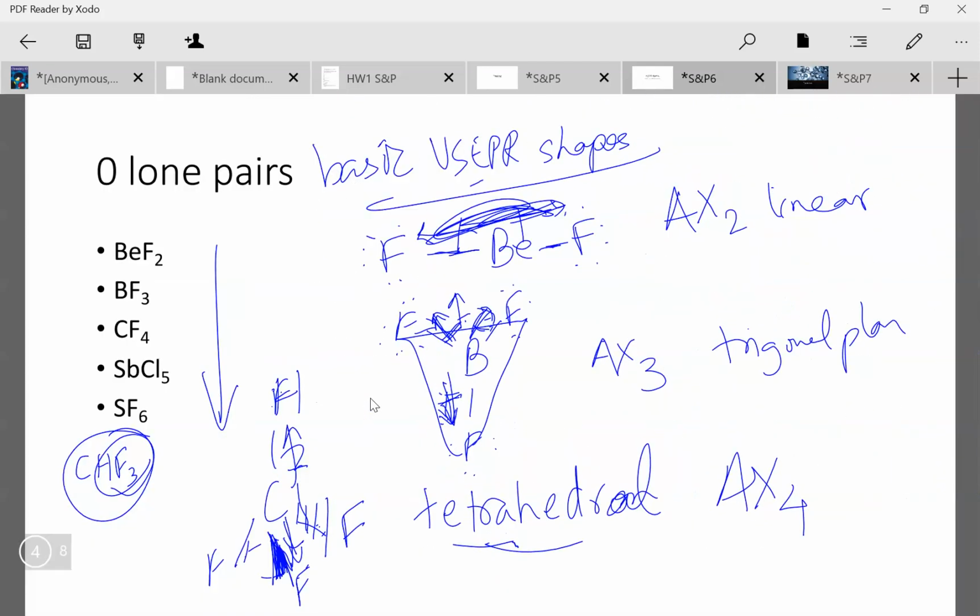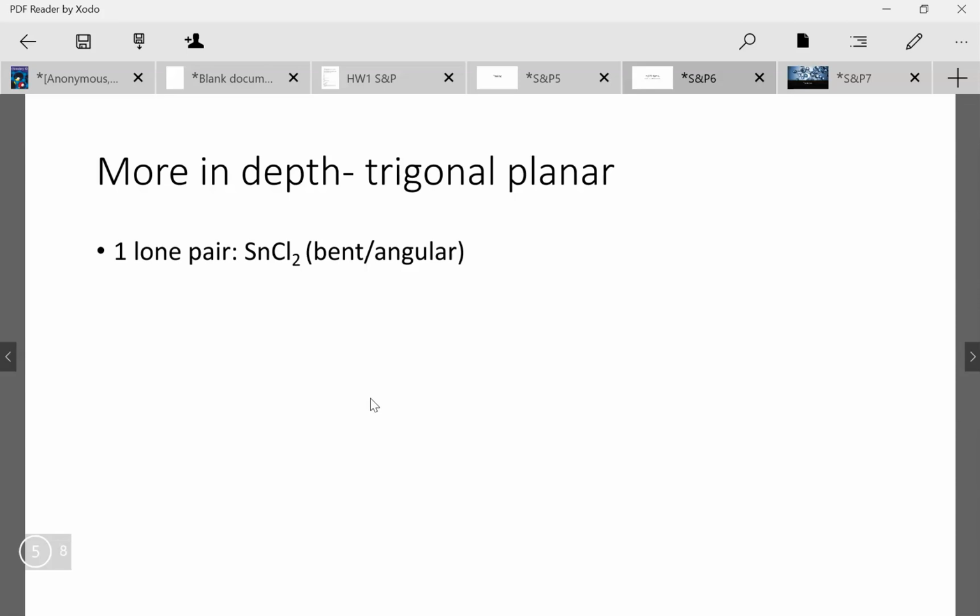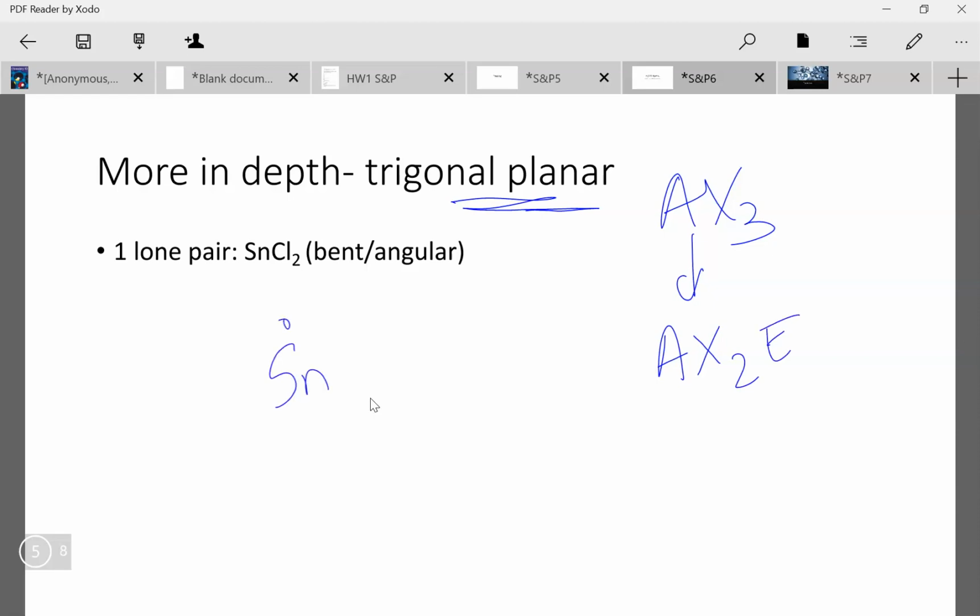Again, there are a couple of cases. We'll run over these really quickly. If you have a trigonal planar, so an AX3, and you replace one of these bonds with a lone pair, for example, SnCl2, you have, instead of SnCl3 before, now removed that and replaced that bond with the lone pair.